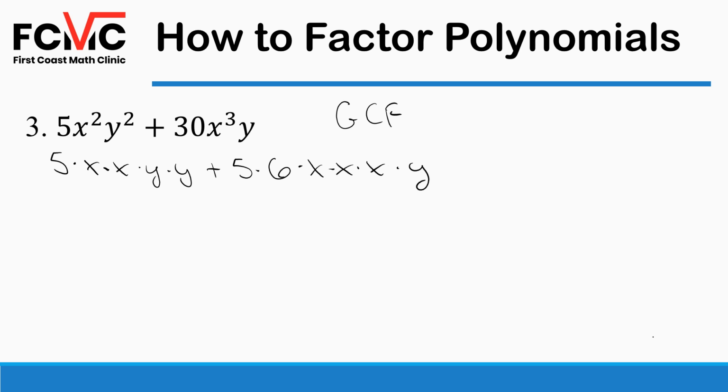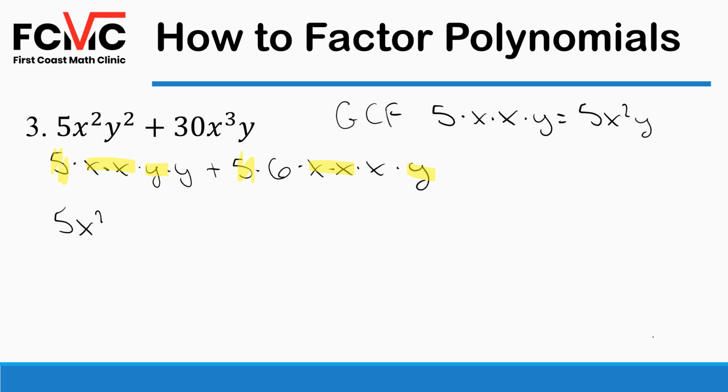So for our GCF, looking at just our numbers, we've got a 5 and a 5. Looking at our variables, we've got x and x, so 2 x's, and a y and a y. So our GCF is going to be 5 times x times x times y, so it's going to be 5x squared y.